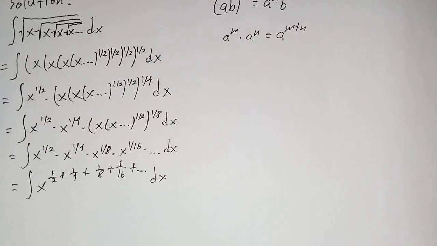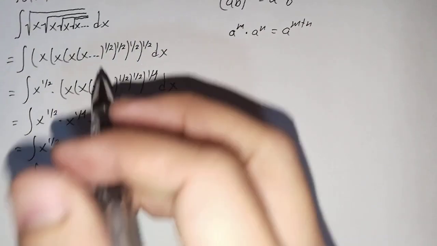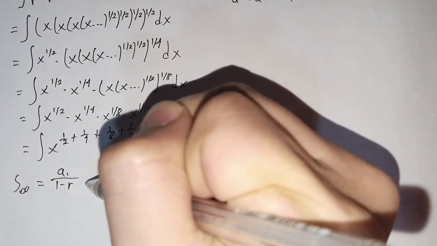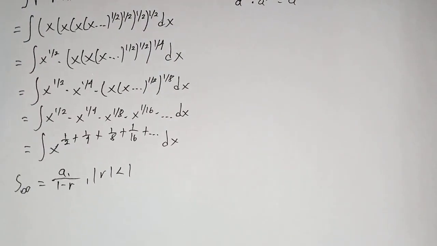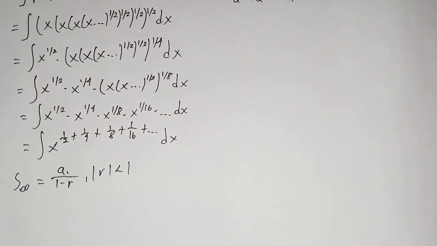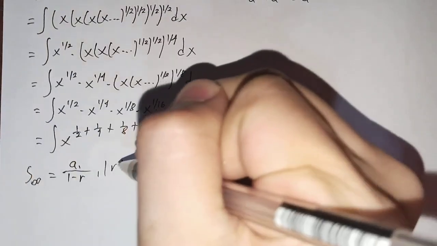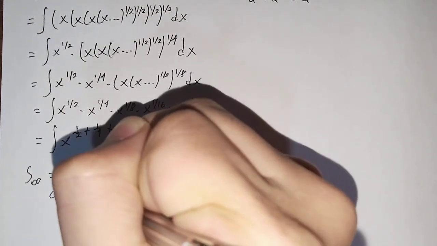So what is the formula for the infinite geometric series? Well, our formula is S sub infinity is equal to a sub 1 over 1 minus r, whenever the absolute value of r is less than 1. Now, our first term here, a sub 1, is equal to 1/2.